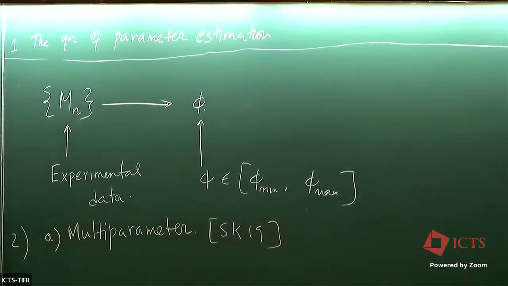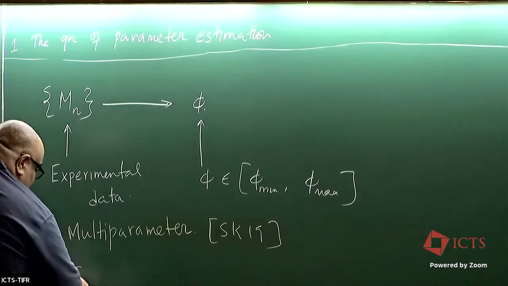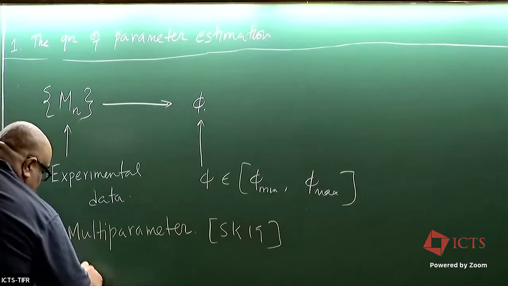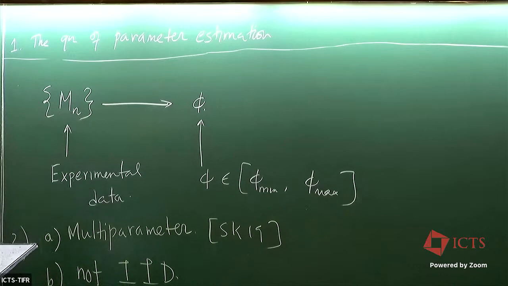The second is, I will always be in the IID regime. What that means is I'll assume that I'm making enough statistics that I can essentially just talk about asymptotic quantities. If you are worried about what that phrase means, then Stephen K is a good reference.